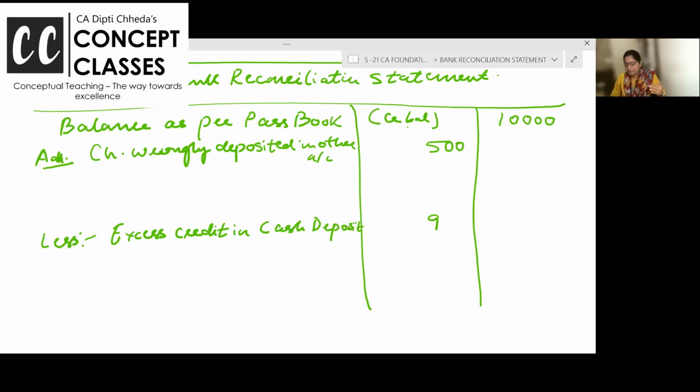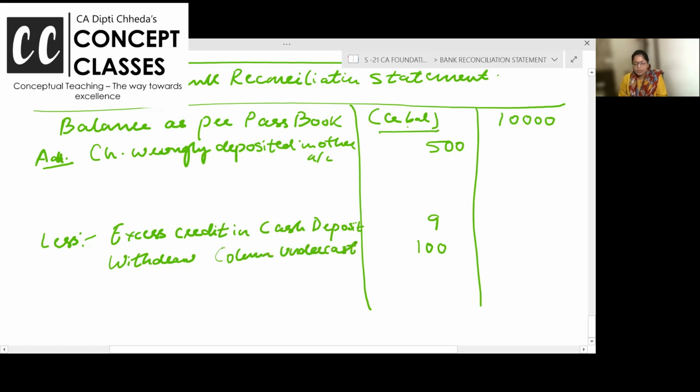So now you debit. If you debit, this is a credit balance. I hope this makes it very clear. If this is credit, now you want to debit. So what you will do? 100. Withdrawal column undercast. हो गया? चलो next.